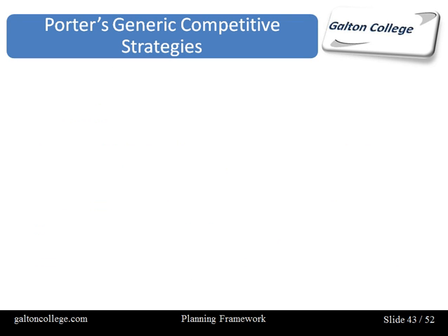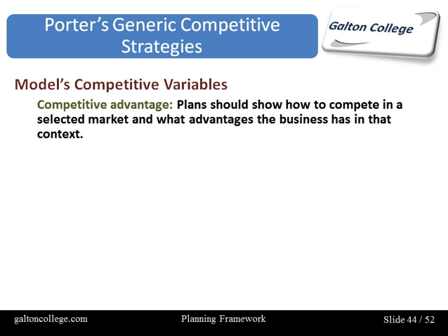Michael Porter introduced generic competitive strategies. So the competitive variables in Porter's view for the planning, well, competitive advantage. The plans should show how to compete in selected markets and what advantages the business has in that context.